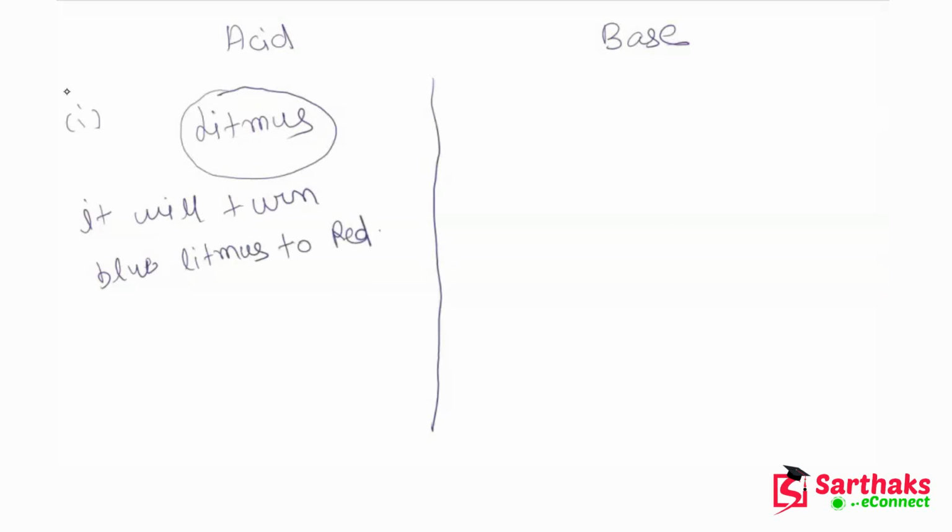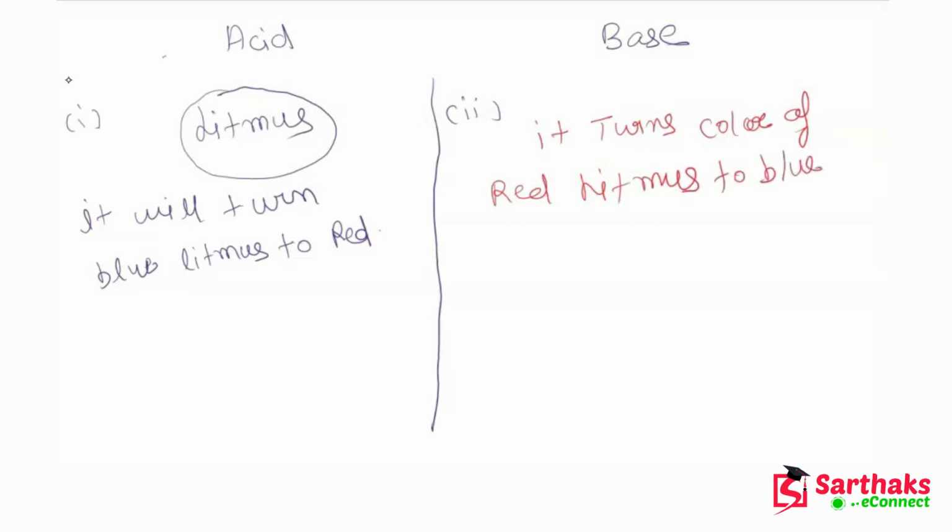I hope this is clear to you. If I talk about base, then bases turn the color of red litmus to blue. It turns the color of red litmus to blue. I hope this thing is clear to you.